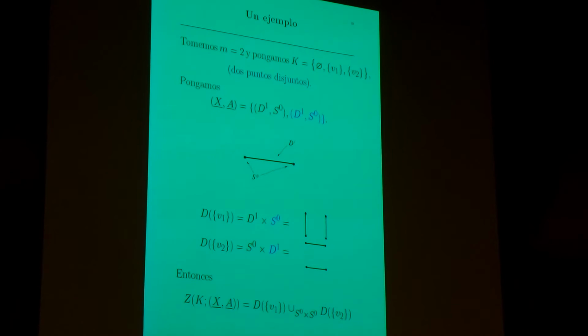And for the second one, v2 is in sigma, so I take the S0 from the first factor, and I take the D1 from the second one. And then you see each piece, 2 intervals, but in different order.